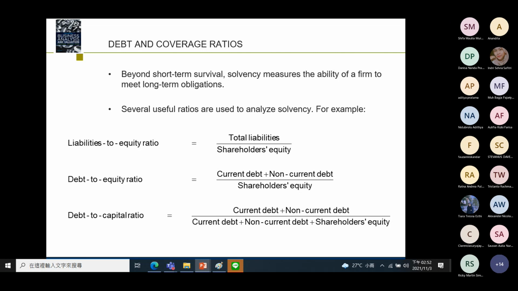The first ratio is the asset to equity ratio minus one. The second ratio provides an indication of how many euros of debt financing the firm is using for each euro invested by shareholders. The third ratio measures debt as a proportion of total capital.